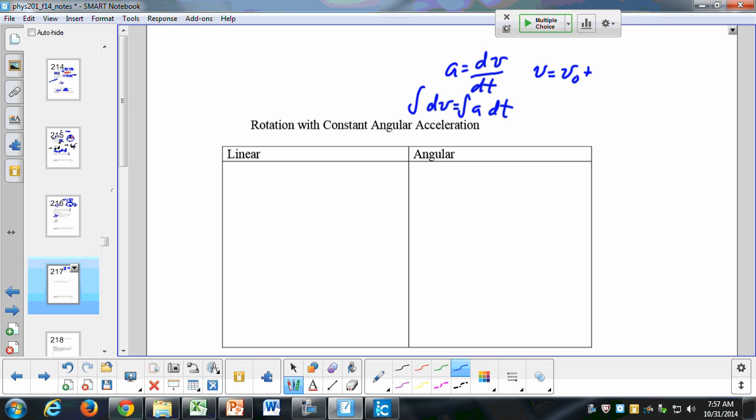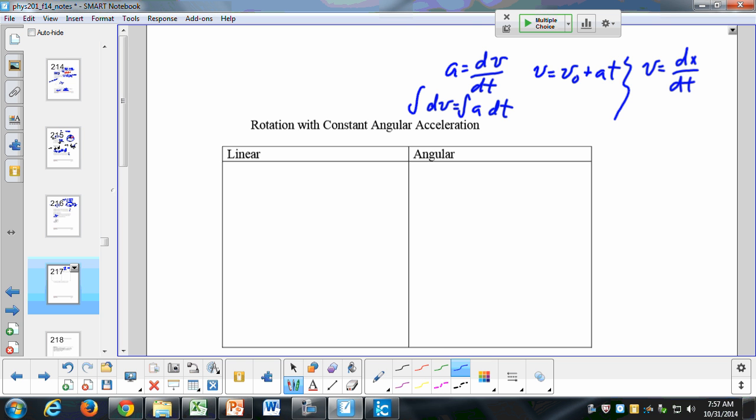You don't have to write this down, I'm just reminding you that we had that derivation, and then we could take this and substitute it into v is dx/dt, and then integrate, and then we get that x equals x naught plus v naught t plus 1/2 at squared. Remember that sort of? Using our integration constants. You're not going to have to do the derivations, but I just want to remind you.